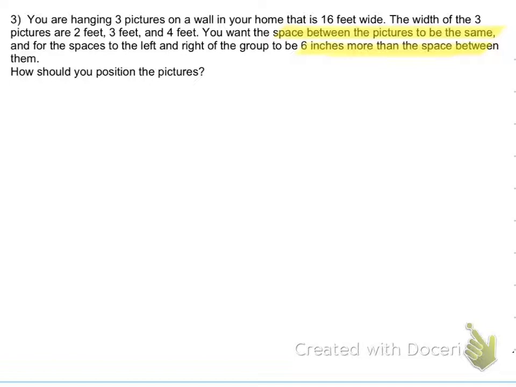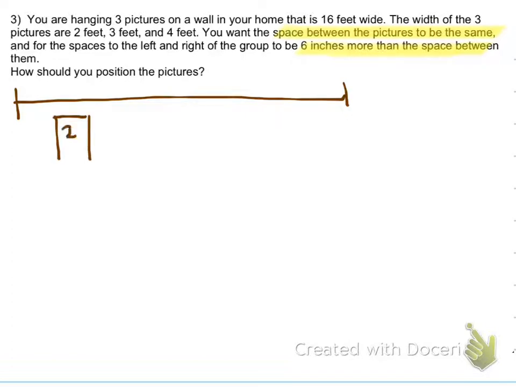Well, this problem is most easily visualized if I draw my 16-foot wall, and then I realize I have 3 pictures. My first picture is 2 feet, my second picture is 3 feet, and my third picture is 4 feet. So now this is a 16-foot wall.